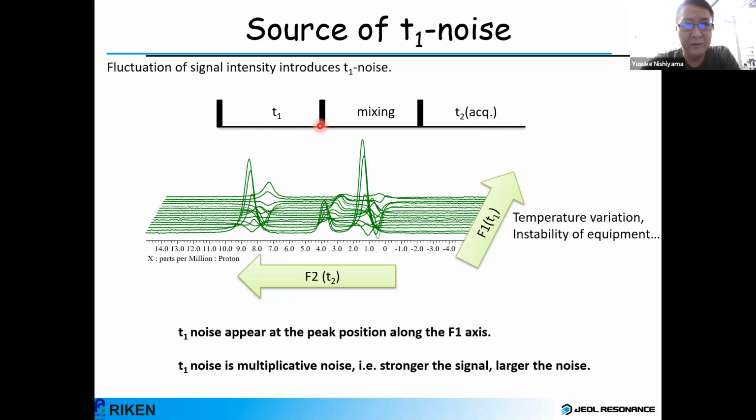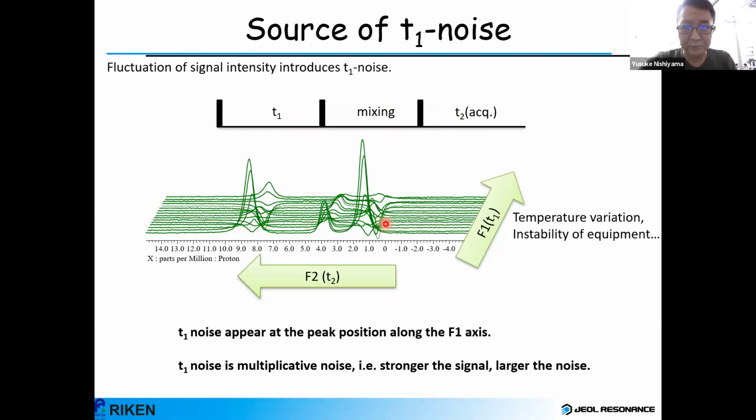Here is the schematic representation of a 2D homonuclear correlation experiment. In the end, we finally observe just an NMR spectrum. This NMR spectrum is modulated by the free evolution in the T1 period. So finally, what we observe is a set of 1D spectra.